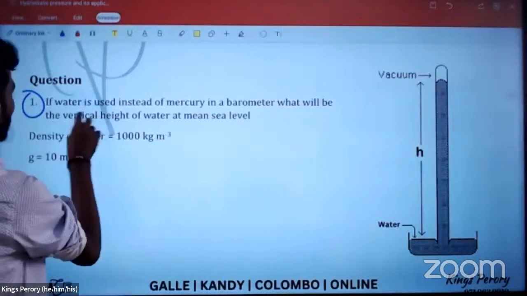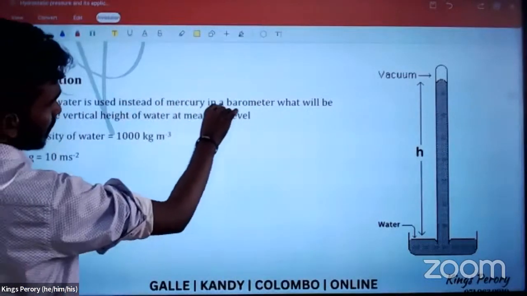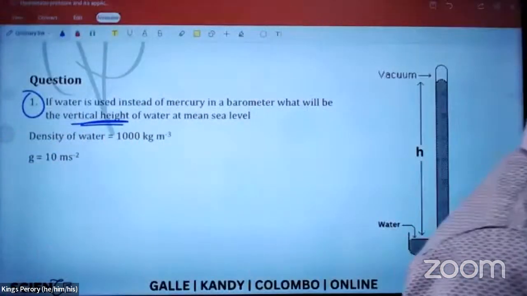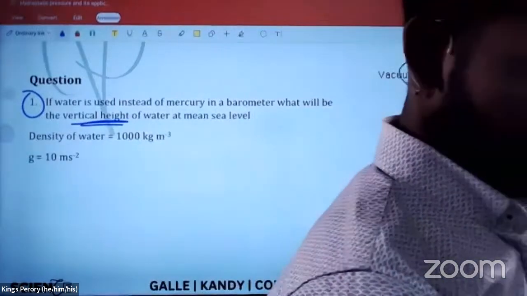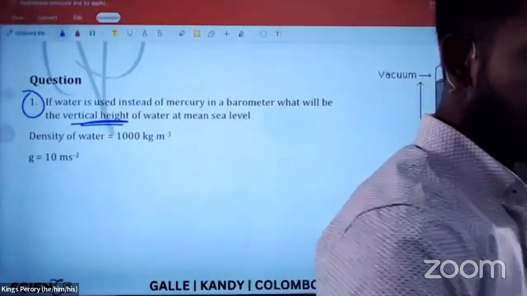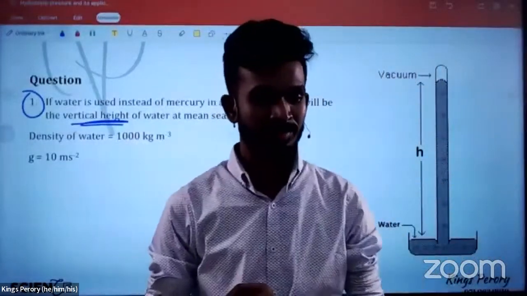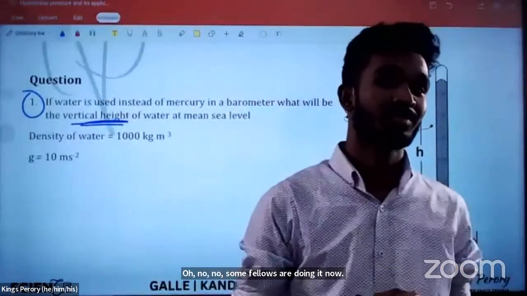They're asking, if water is used instead of mercury, what will be the vertical height? Send me in meters. Some fellows are doing it now. Yes, I'm talking to you.